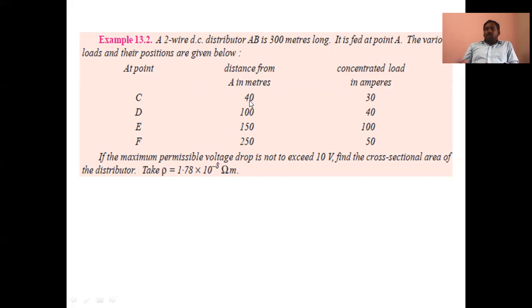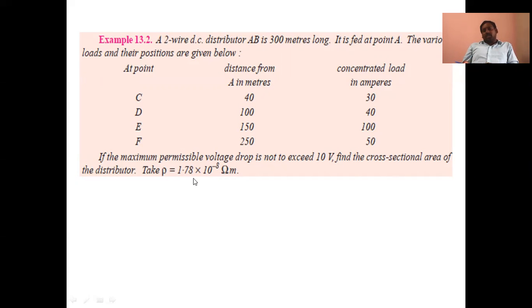From point A, D is at 100 meters distance. From A, E is 150 meters. From A, F is 250 meters. And these are concentrated, not distributed, loads. The maximum permissible voltage drop should not exceed 10 volts. Find the cross-sectional area of the distributor.